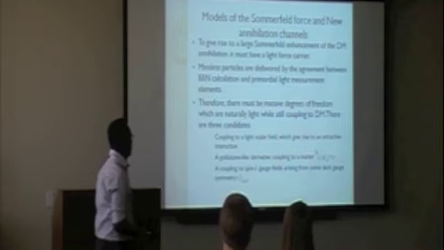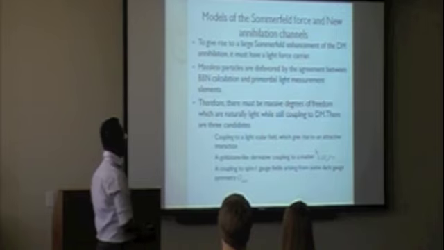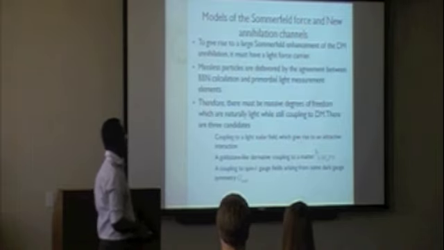Therefore, there must be a massive degree of freedom. There are three major candidates: coupling to a light scalar field, which gives an attractive force; Goldstone-like derivative coupling to matter; and coupling to a spin 1 gauge field.